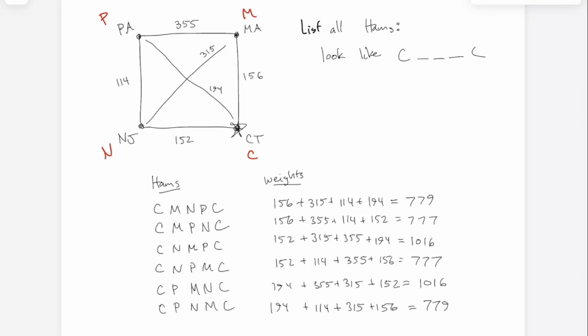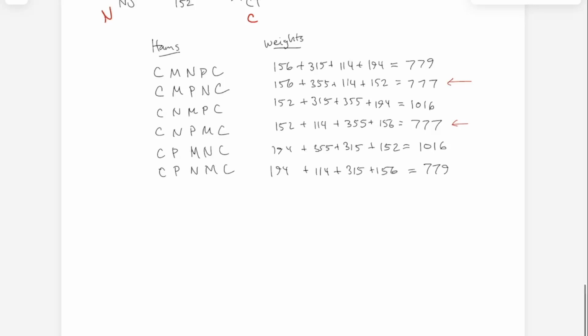All right. Anyway, now the whole point of this was you write down all the Hamilton circuits, which I did. You find all of their weights, and then you just choose the one which is the least. And actually, there's a tie. It's here and also here. So the best, in this example, there was a tie. The best route is CMPNC or CNPMC, right?